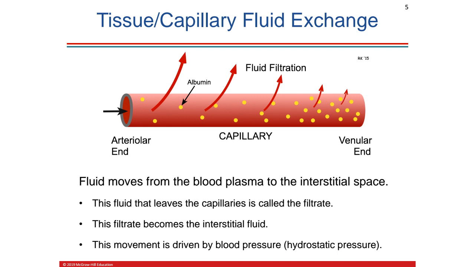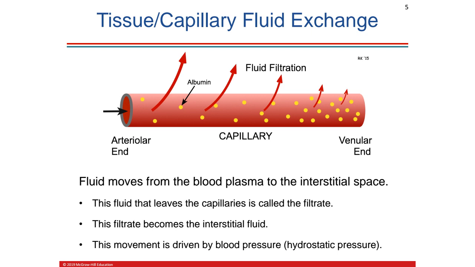These clefts allow for the movement of water as well as solutes, such as sodium, chloride, potassium, magnesium, calcium. It also allows for movement of some organic molecules such as glucose. So there's a continual movement of water and these smaller solutes through these small gaps in the capillary walls.